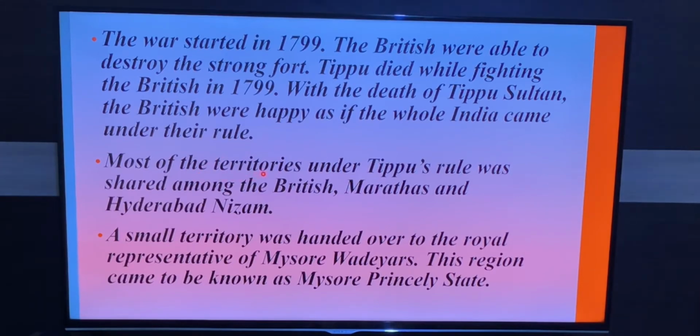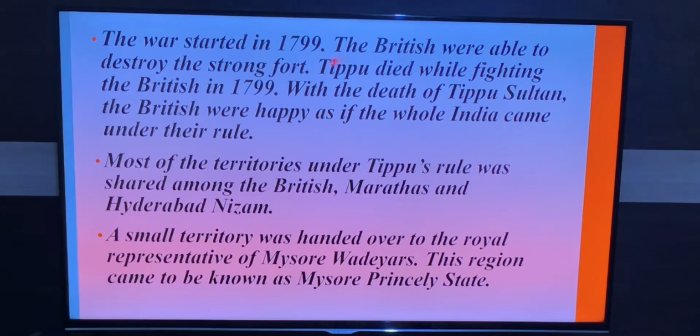Most of the territories under Tipu's rule were shared among the British, Marathas and the Hyderabad Nizam. A small territory was handed over to the royal representative of the Mysore Wadiyars. This region came to be known as the Mysore Princely State.